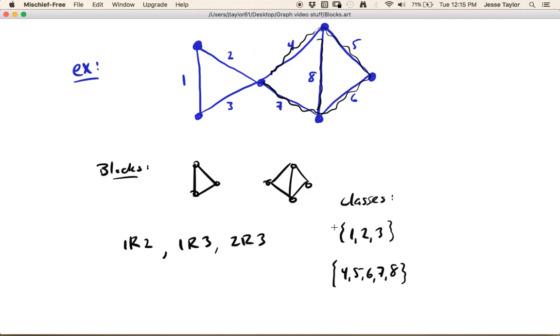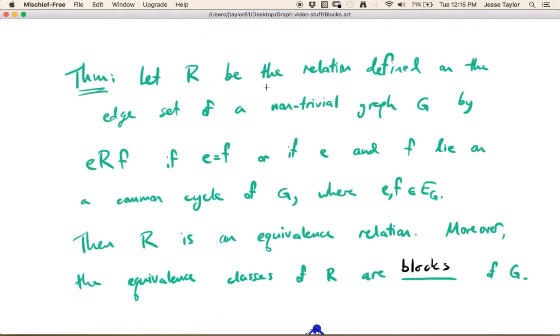So you get these two equivalence classes, and each of those corresponds to a block in the graph. So that's what this theorem says. If you consider the equivalence relation where two edges are related if they lie on a common cycle or if they're exactly the same, then this is in fact an equivalence relation, and it divides your graph up into blocks. Okay, so that's our introduction to blocks.